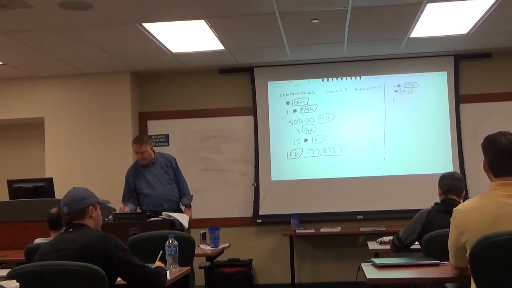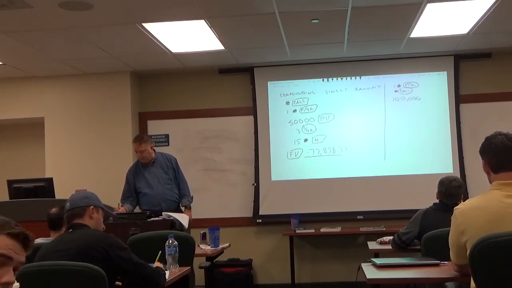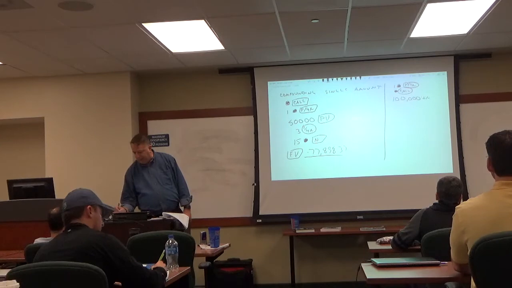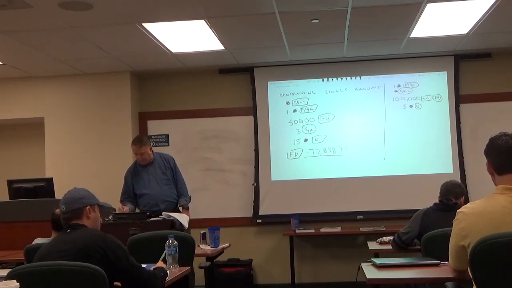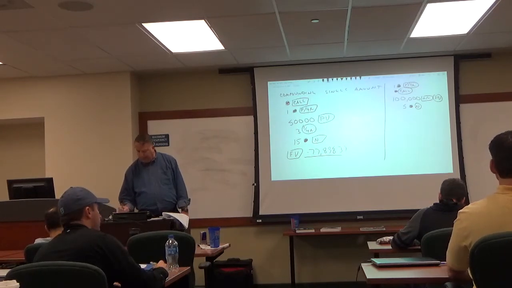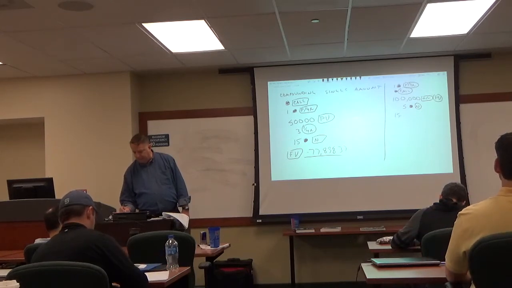And so let's say that I bought an investment for $100,000, and that is a cash outflow to me. I hold this investment for 5 years, and at the end of 5 years, let's say that I sell this for $150,000.